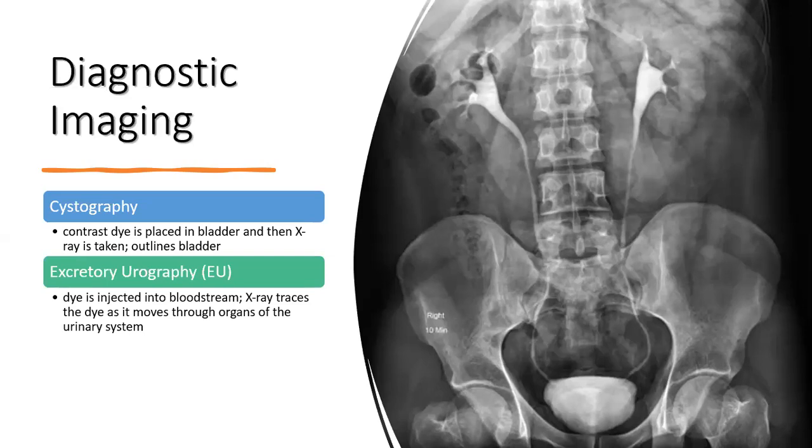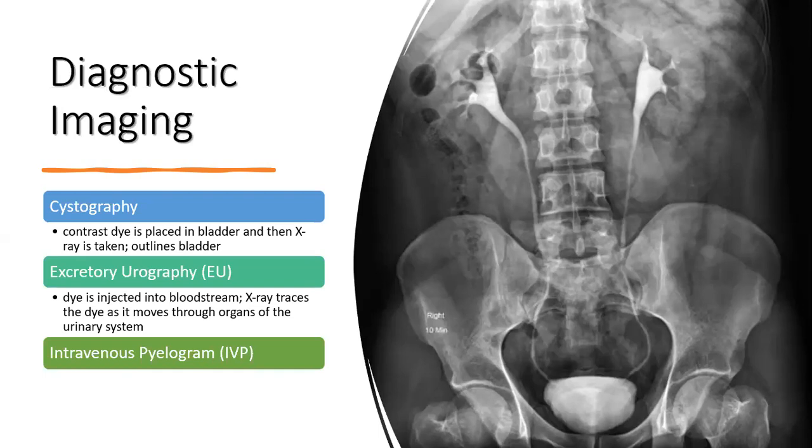It's also called another type, intravenous pyelogram, IVP, or now also called intravenous urography. Injecting a dye into the vein and then taking an X-ray to outline the renal pelvis.